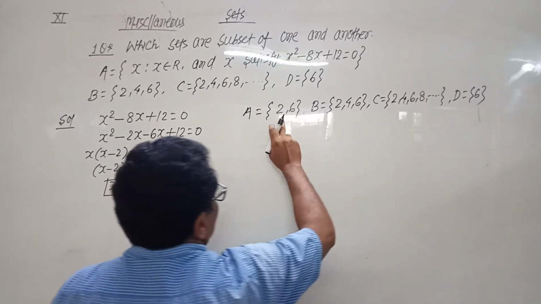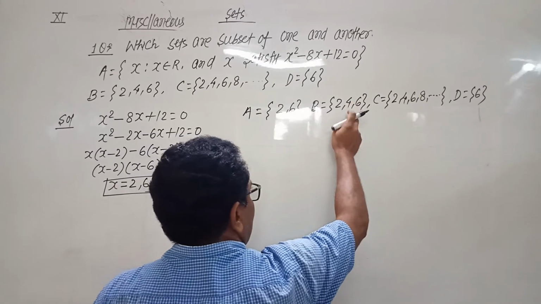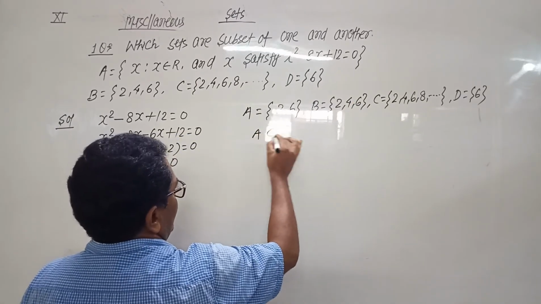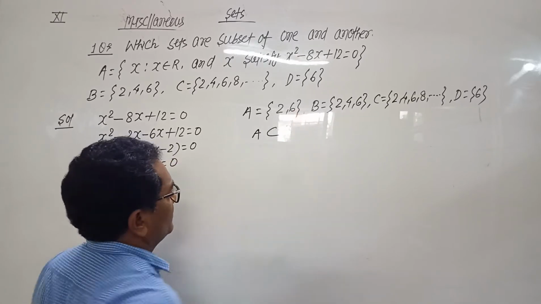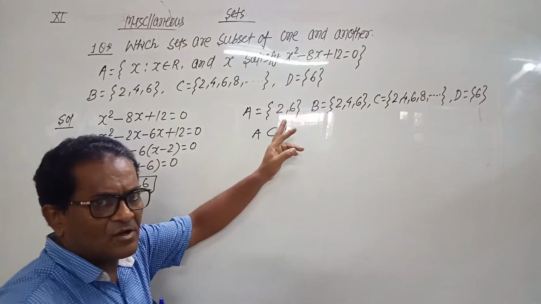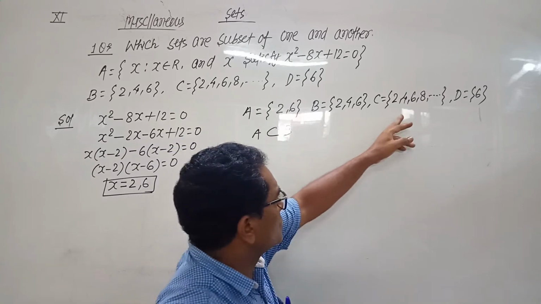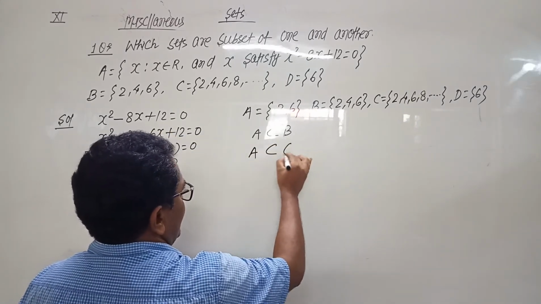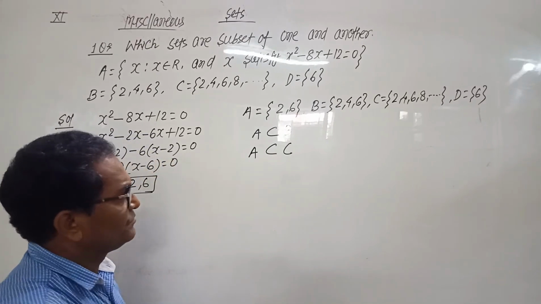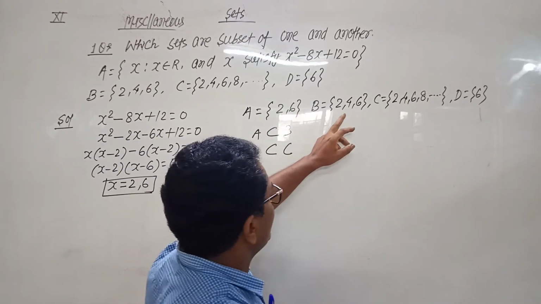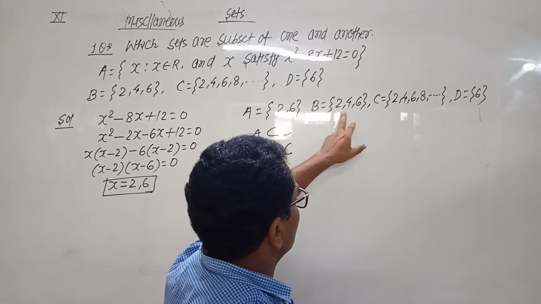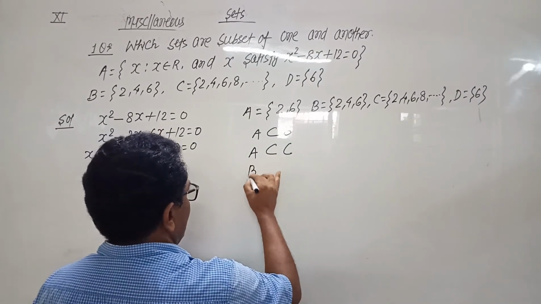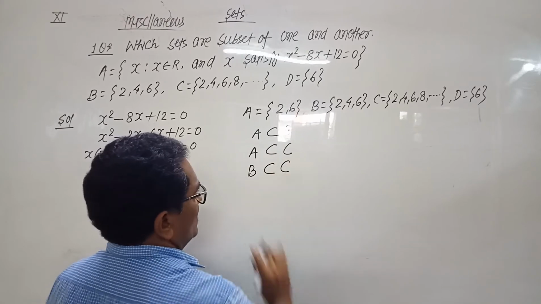Every element of set A is an element of set B, so A is a subset of B. Every element of A is also an element of C, so A is a subset of C. Every element of B is also an element of C, so B is a subset of C.